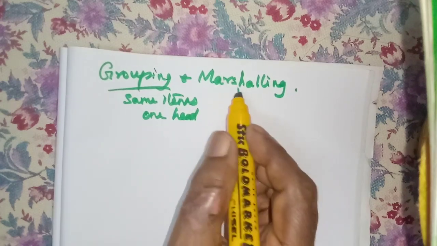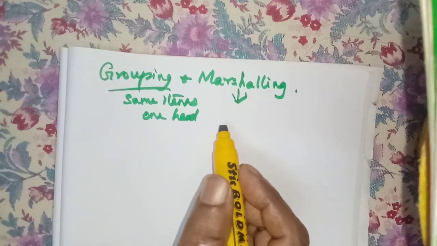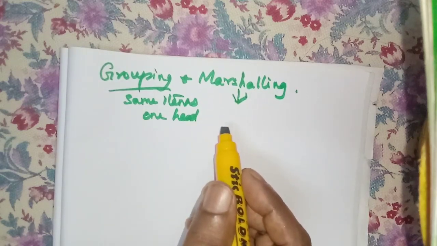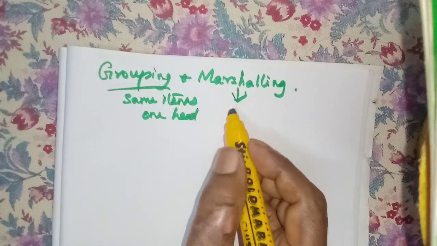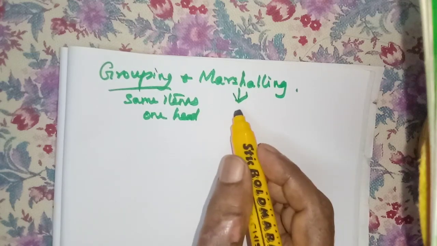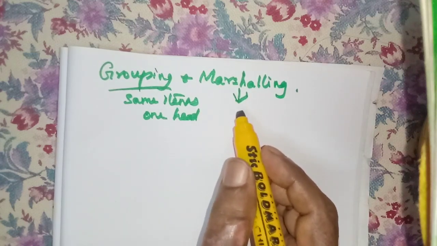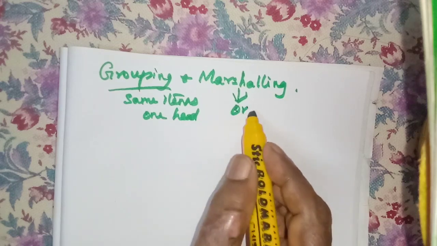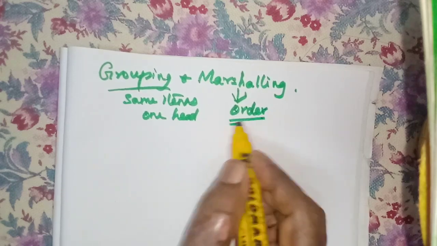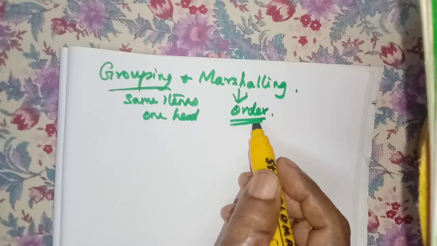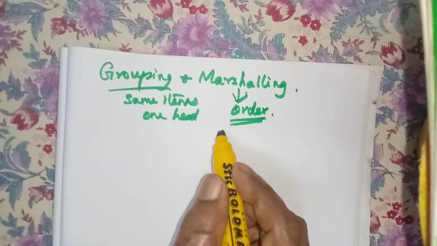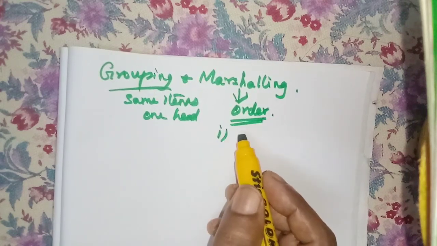Then what is marshalling? Marshalling is the arrangement of various assets in a proper order. Assets and liabilities will be written in order. Here this order is again classified into two.